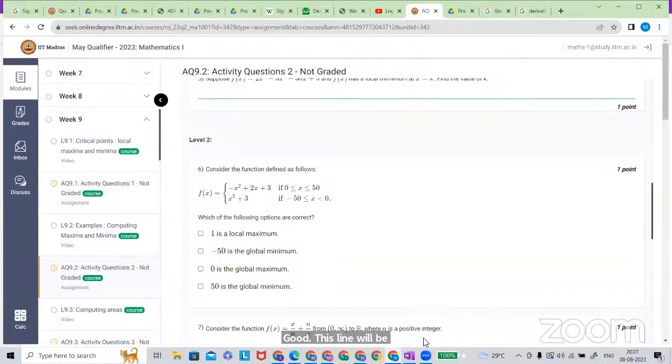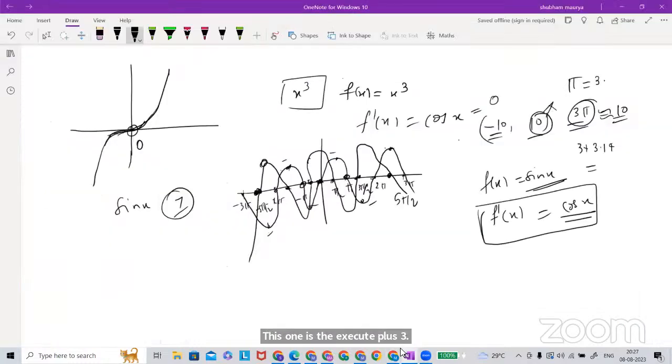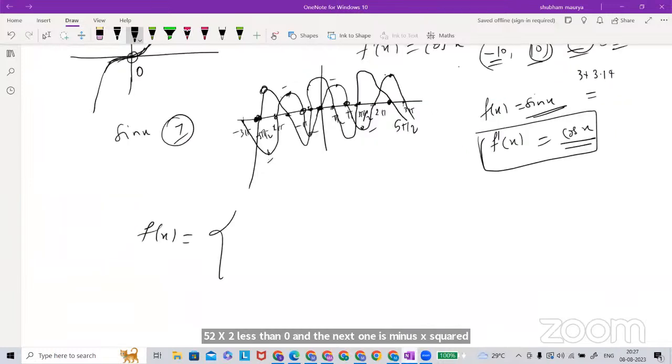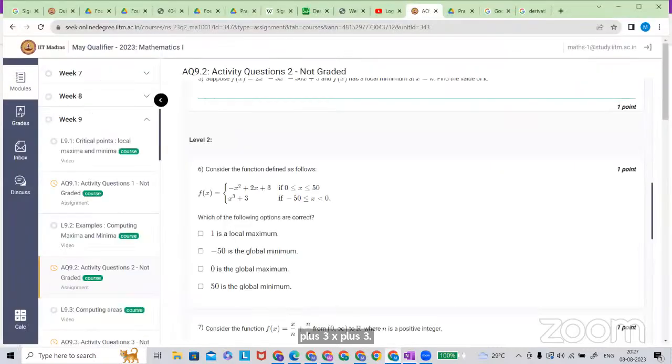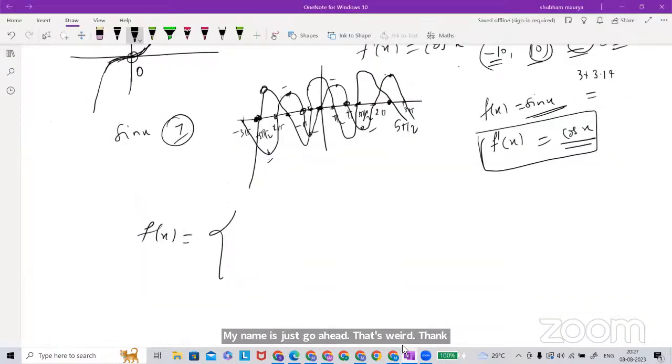Here it is not wrongly written, just not in proper order. f(x) is equal to x cube plus 3, which is minus 52 for x less than 0, and the next one is minus x square plus 2x plus 3.